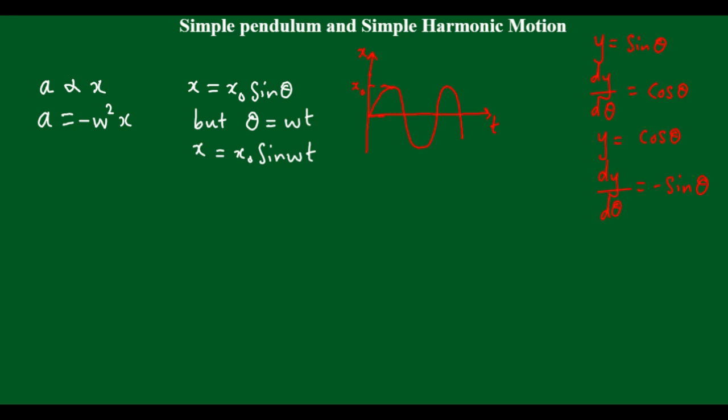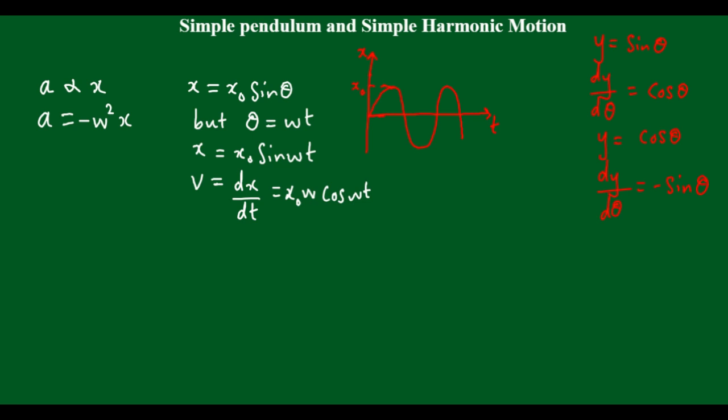So let's apply that here. Let's first differentiate x, which is our displacement, with respect to time to find the velocity. So velocity is dx/dt. If we differentiate sine Wt, we get W cos Wt, but we already have x naught, which is our amplitude.